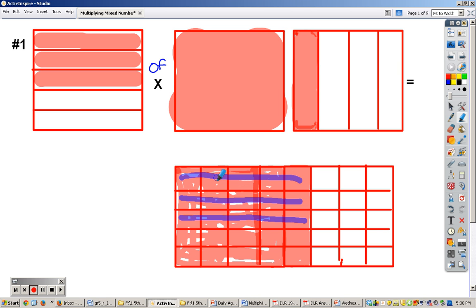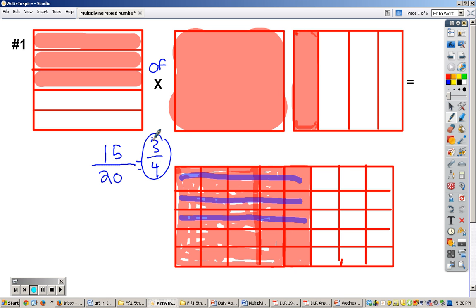So we have 1, 2, 3, 4, 5, 6, 7, 8, 9, 10, 11, 12, 13, 14, 15, 20ths are shaded in. So 3/5 of 1 1/4 is 15/20ths, which can be reduced to 3/4.